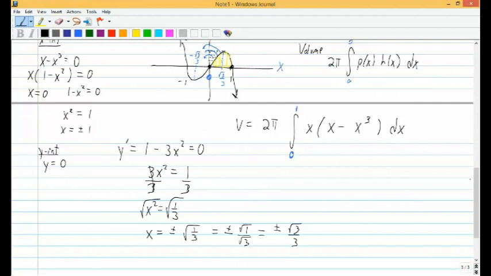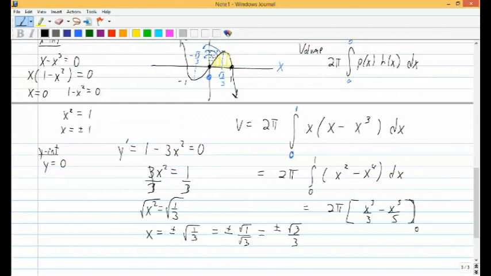So now this integral is pretty easy, right? It's 2 pi times the integral of, you'd probably want to just multiply that in. That'd be x squared minus x to the 4th. And integrate that. So it's 2 pi times, that's going to be x cubed over 3 minus x to the 5th over 5.